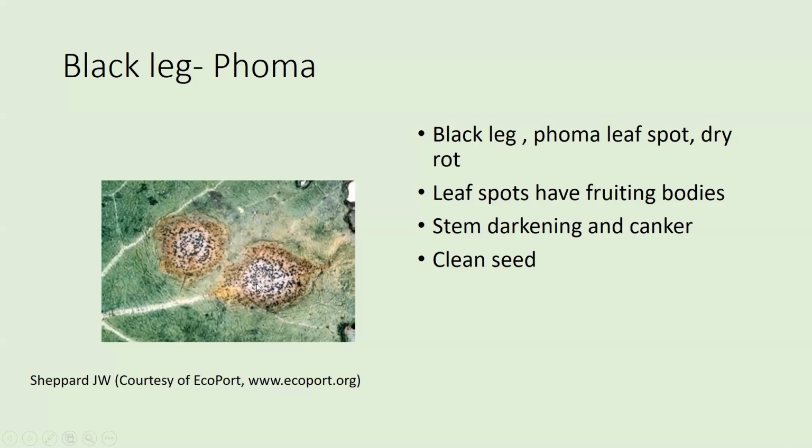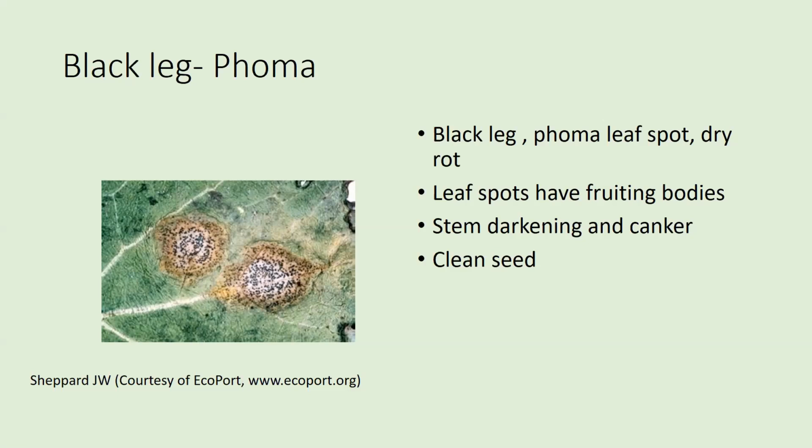So if you see in the middle of this one, you see these black fruiting bodies that are coming out of those spots. You'll also see stem darkening and cankers on the stem there. And you want to use clean seed, which means that you get certified disease-free seeds on that.